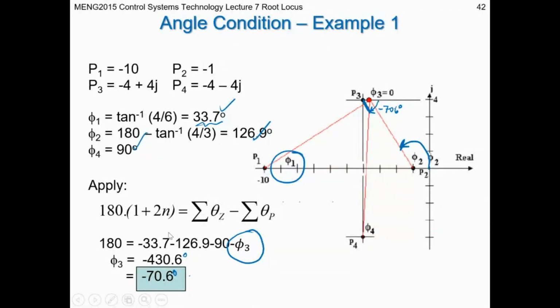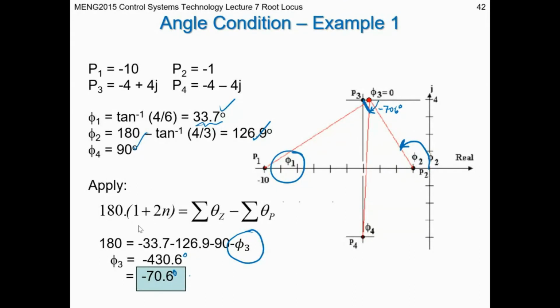Now think about it, 2n plus 1 means if n is greater than 0, you're always going to have an odd number here. So if n is 1, you've got 3, so it's 3 times 180. And that is the same as 180 because 3 times 180 is 540. You've basically gone round the circle and come back.